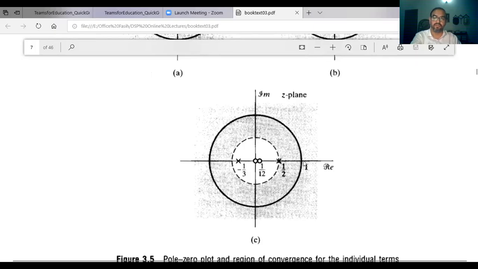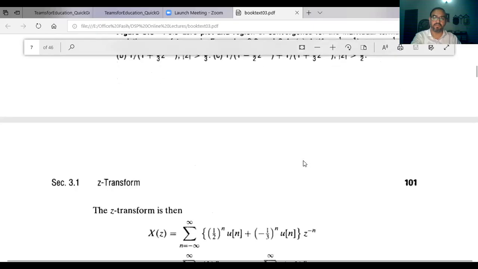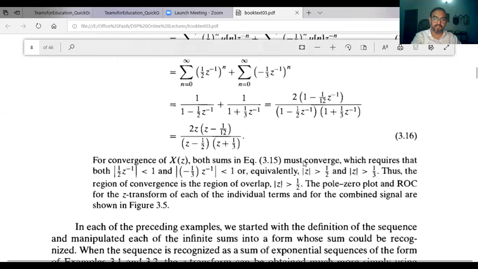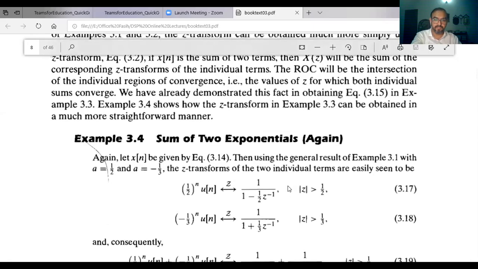That's why you have the region of convergence starting from 1 over 2. It doesn't include 1 over 2, but so that's why collectively what you can write is that z mod is greater than 1 over 2. So after this example, we can go on to do another example.